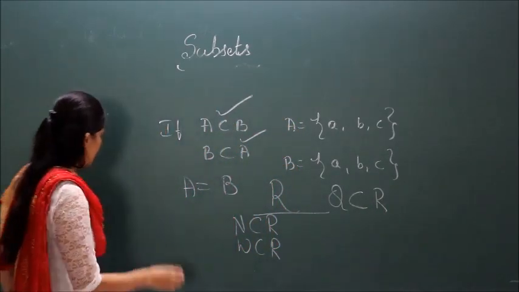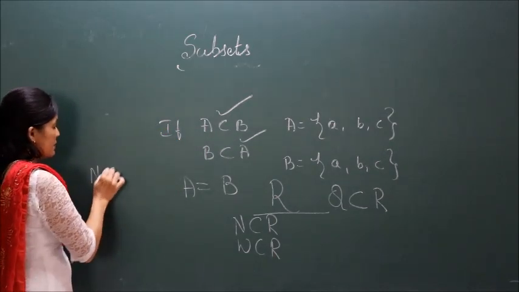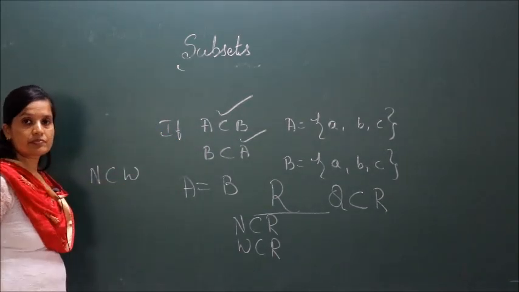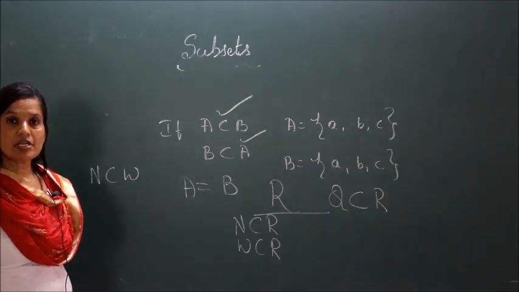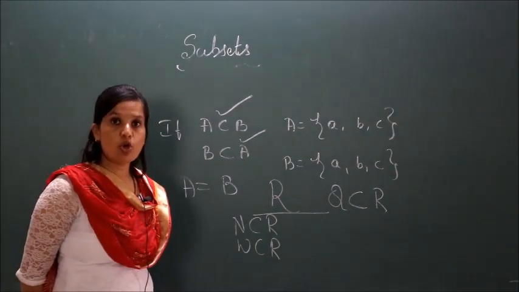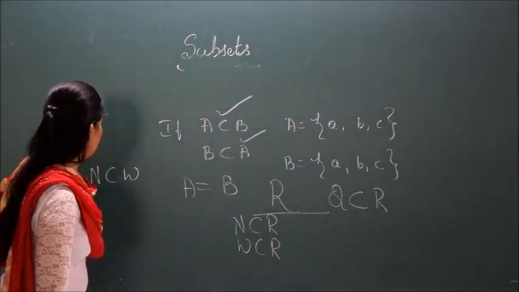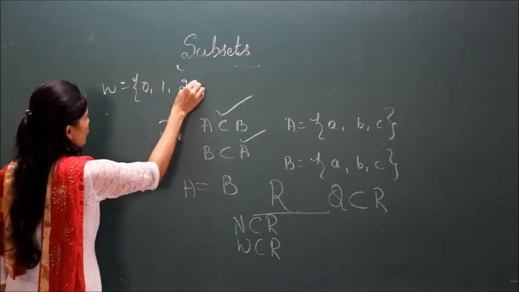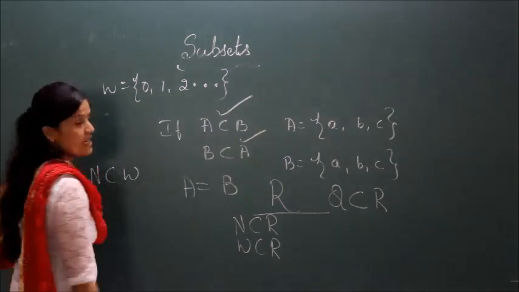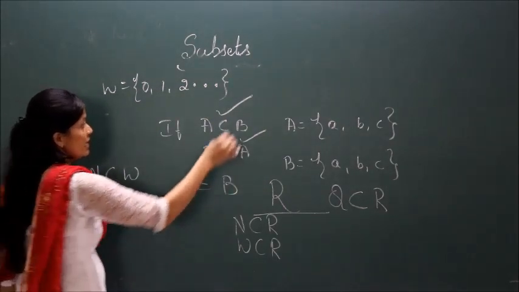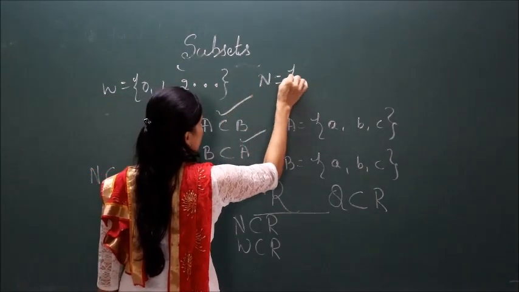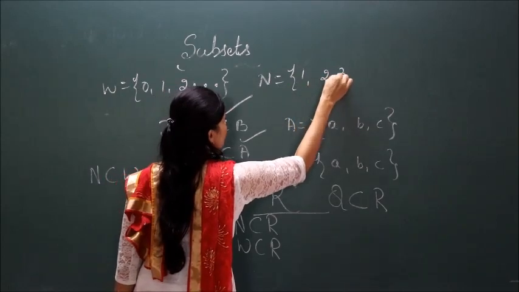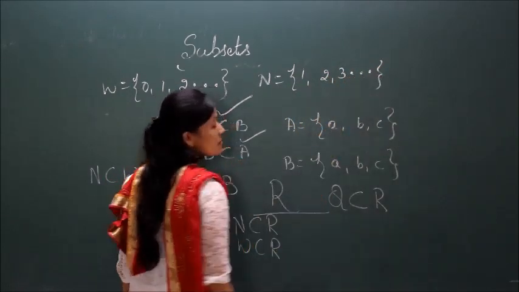So here, whether natural numbers are a subset of whole numbers? Yes, natural numbers are a subset of whole numbers, because the set of whole numbers is 0, 1, 2, and so on. Natural numbers are 1, 2, 3, all this.